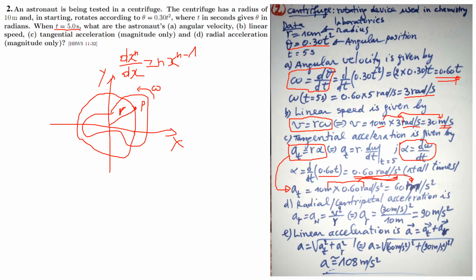Then this is the radius r, and the particle here has an acceleration which has two components. There is a component tangent to the curve, which is the tangential acceleration a_t, and there is another component which is oriented towards the axis of rotation, meaning the center of the circle.